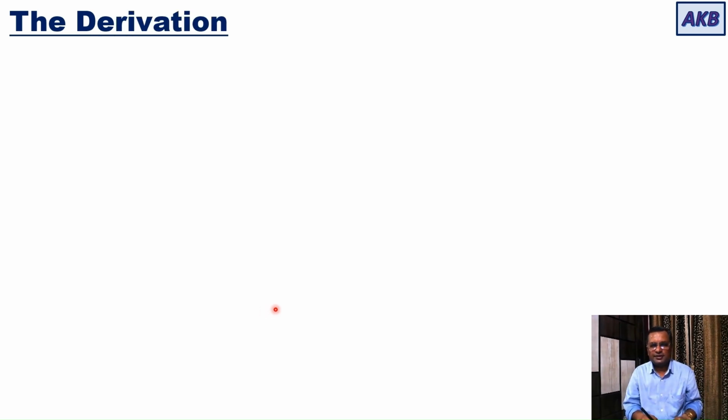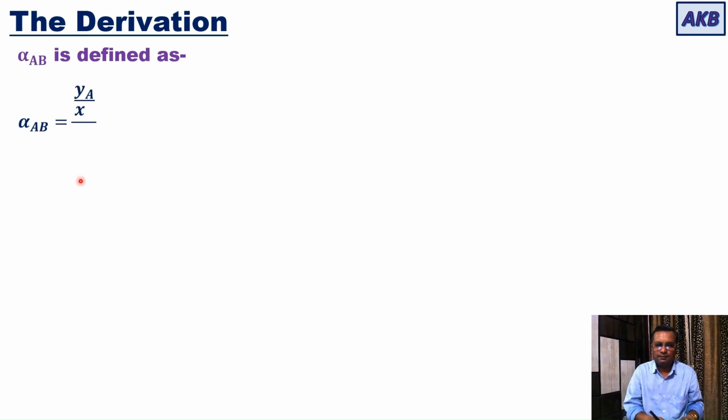Now, let us understand the derivation. As I said, we are going to start with the definition of alpha AB, the relative volatility. For ideal systems in equilibrium, where the ideal liquid solution is in equilibrium with the ideal vapor mixture, alpha AB is defined by this equation: alpha AB is equal to YA upon XA divided by YB upon XB.